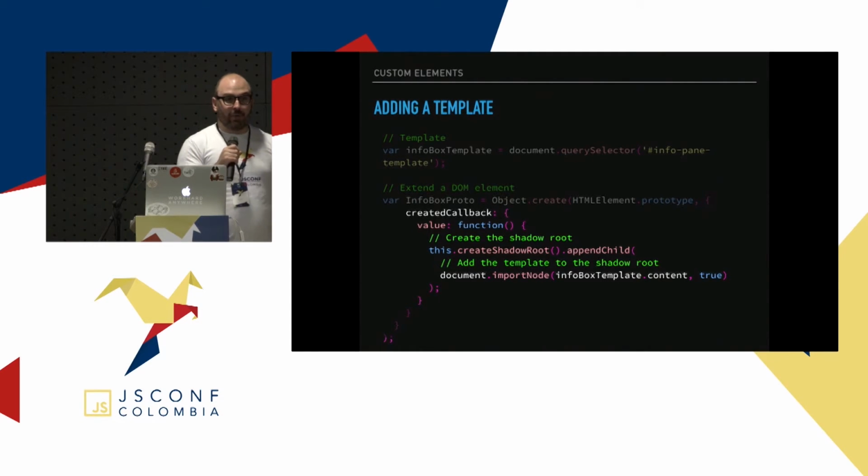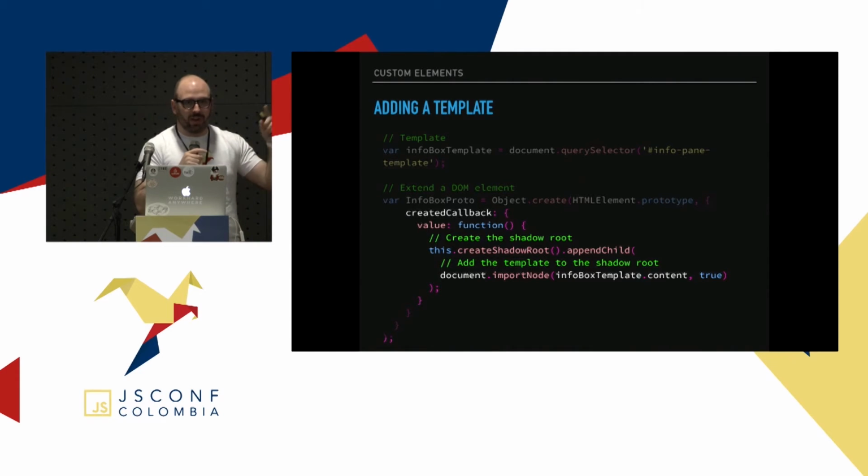And that's it. Now we can have a template and a named custom element type associated with that template. And every time we create a new HTML declaration of this new element we've created, that template is going to be cloned and added to a brand new shadow root, and you have a custom element.